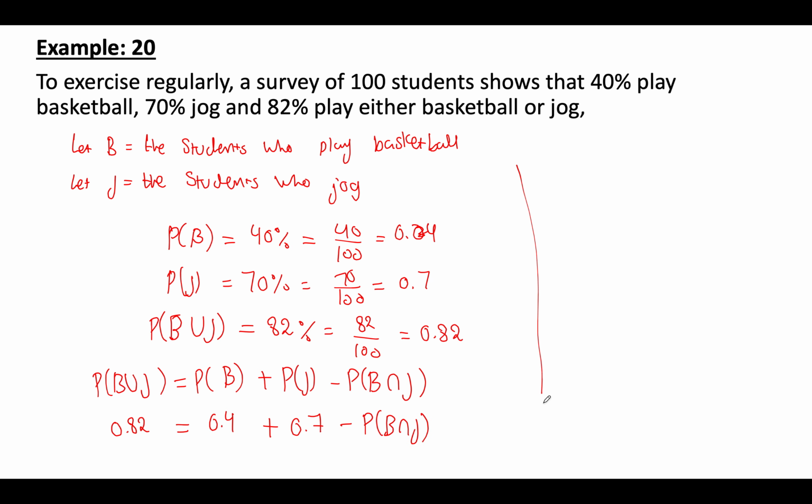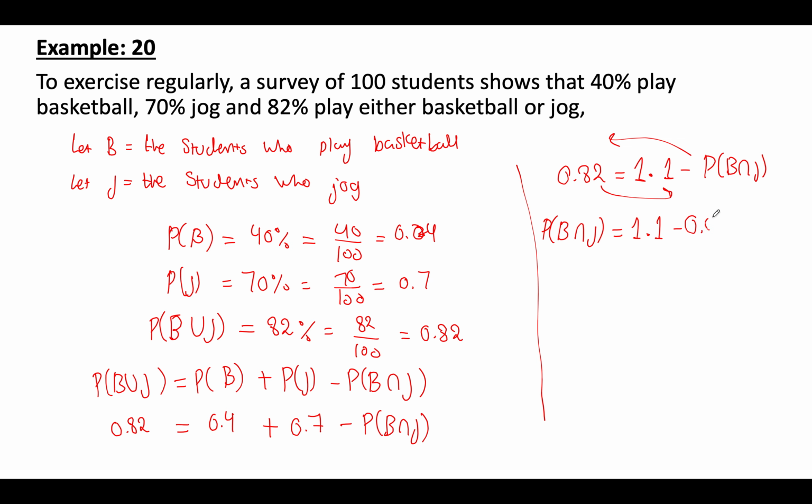Then 0.82 is equal to, if we add 0.4 plus 0.7, then we got 1.1, minus the probability of B intersect J. So just swap those two, and we got that the probability of B intersect J is equal to 1.1 minus 0.82.